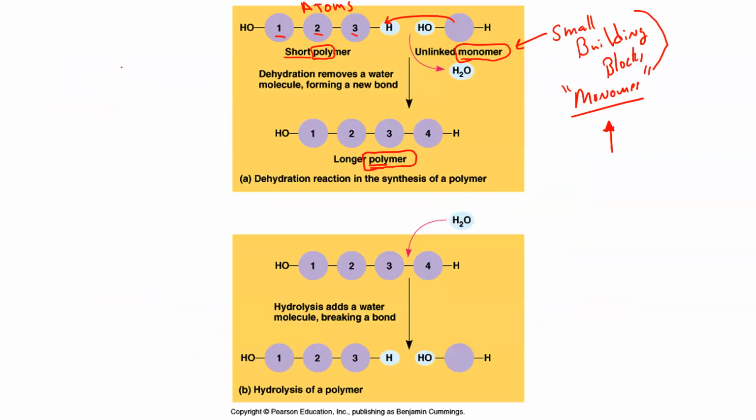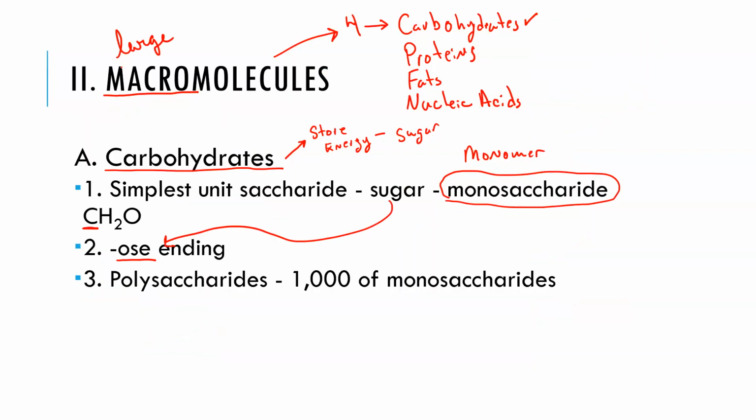So again, sugars happen to have OSE types of endings. Now the way that we build these carbohydrates is we take this monomer, of a CH2 and an O, and again, we start linking them together to build a polysaccharide or to build a big sugar.